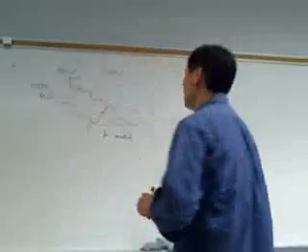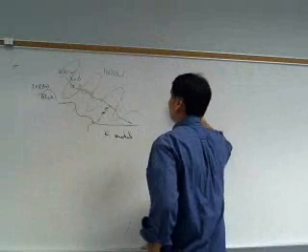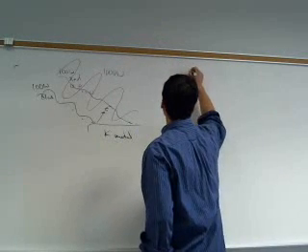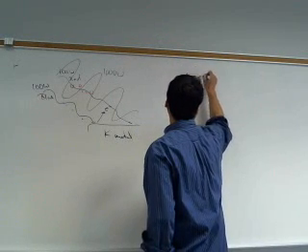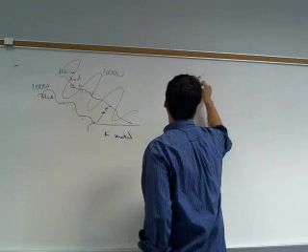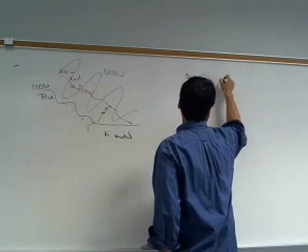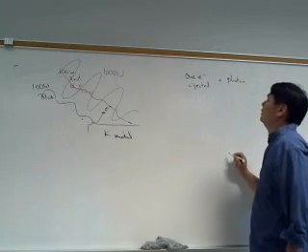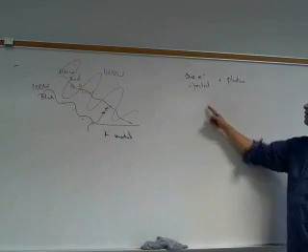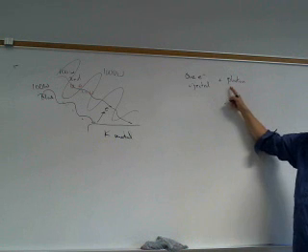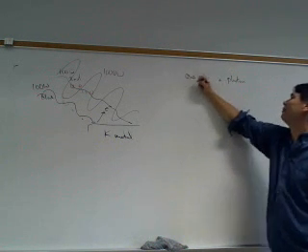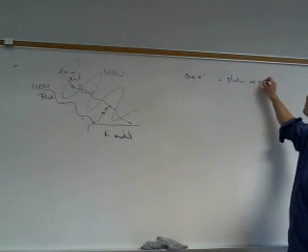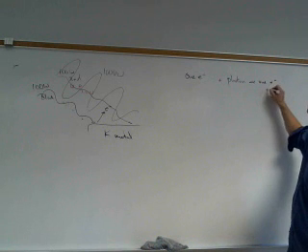It turns out that no, it doesn't, because one electron ejected requires one photon. In other words, one electron plus one photon, oops, this is wrong, sorry. One electron plus one photon equals one electron ejected.